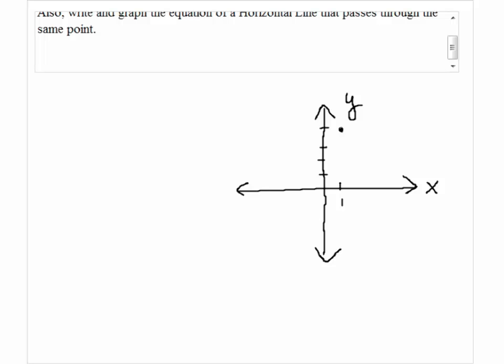First, we want a vertical line that passes through that point. So the graph should look like the red line.